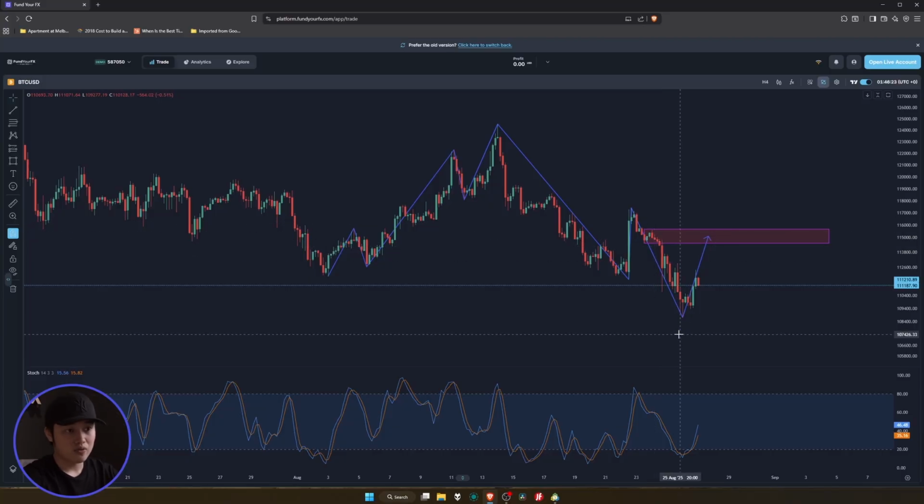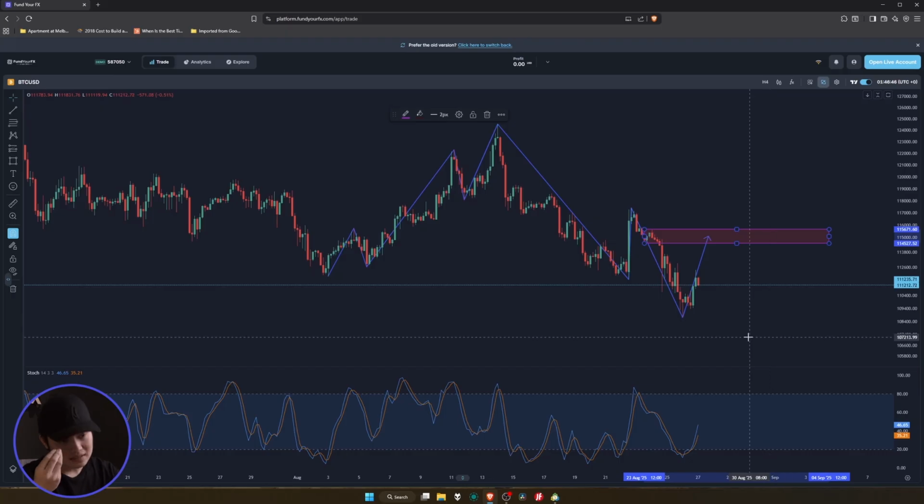So if the sell positions haven't been completely absorbed or liquidated, and the price enters this supply zone right here, from 115,000 until 140,000, another sell volume will be absorbed and then the price will likely continue in the downward momentum.